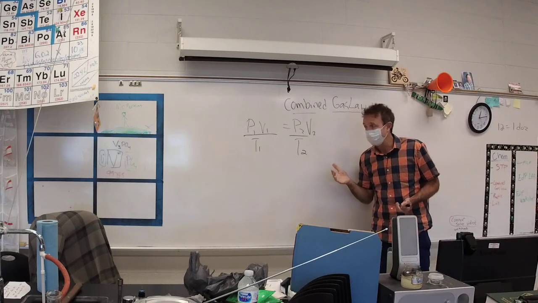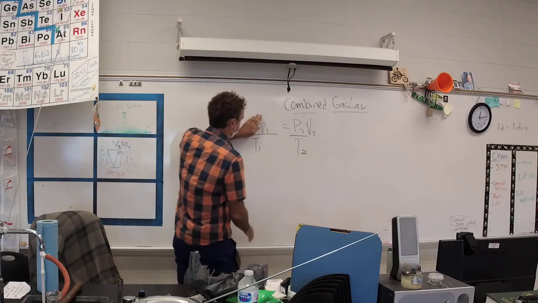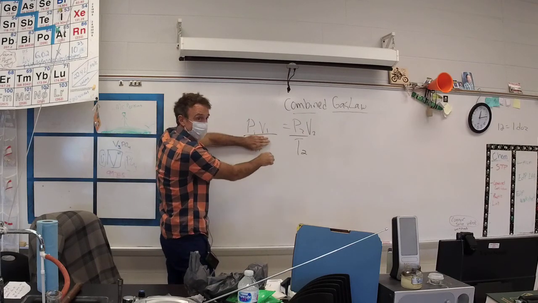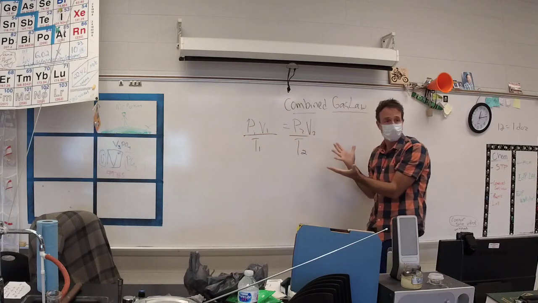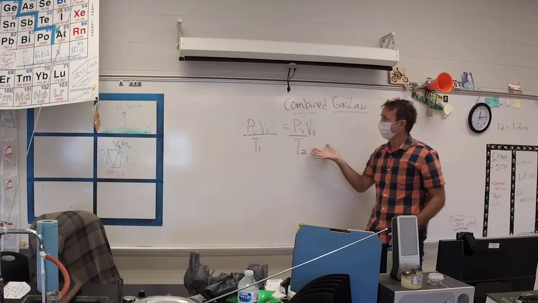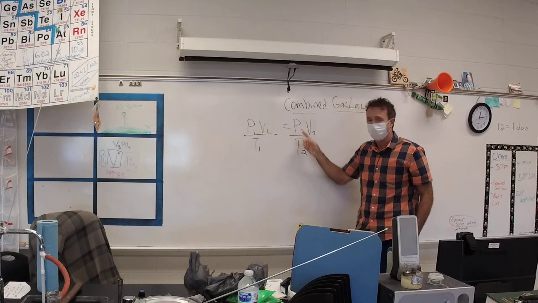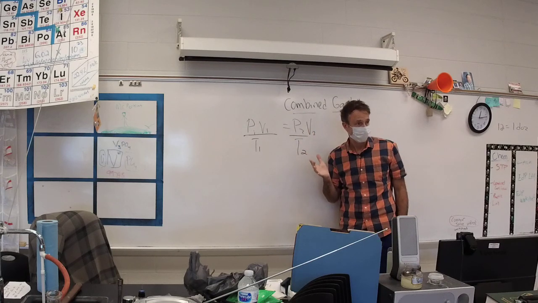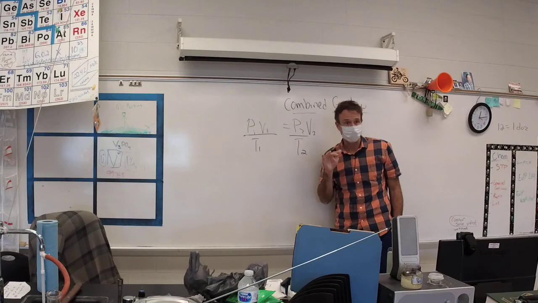Because it's a combination of, ready? It's a combination of Charles's law, Boyle's law, and Gay-Lussac's law. All of them together. So you can be given formulas, and someone could give you 5 of the variables, and then you can solve for the other one using Algebra 1. Does that make sense? And basically, that's all there is to it.